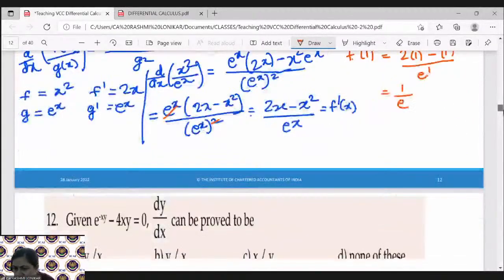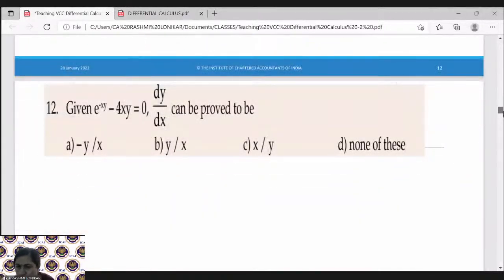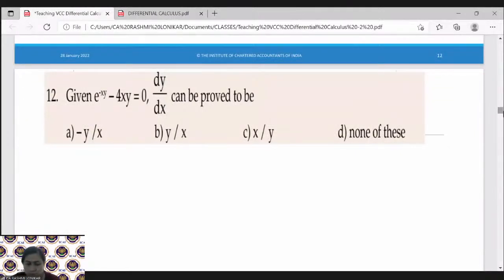So let us go to the 12th sum. Hope you've all understood. Just put it in the chat box. Yes, Priyanka, Sanyam, right.